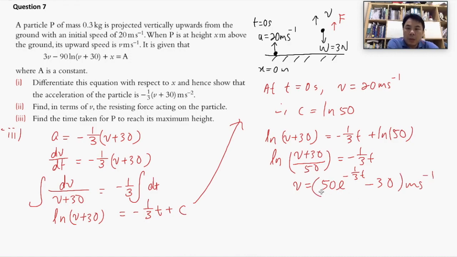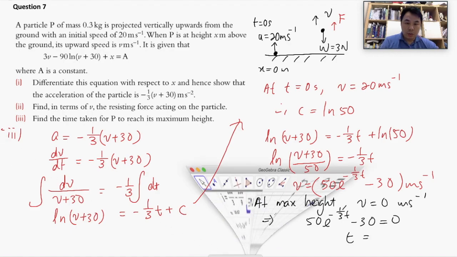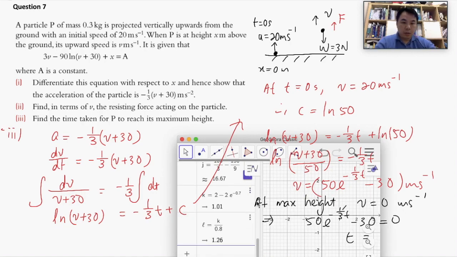Okay, so the time taken for P to reach its maximum height. At maximum height, we know that v must be equal to 0 meter per second. Therefore, in this case, 50e to the negative 1 over 3 t minus 30 must be equal to 0. Now I'm going to simplify the work here just to find out the time that we need. Hold on, just let me get my calculator here.